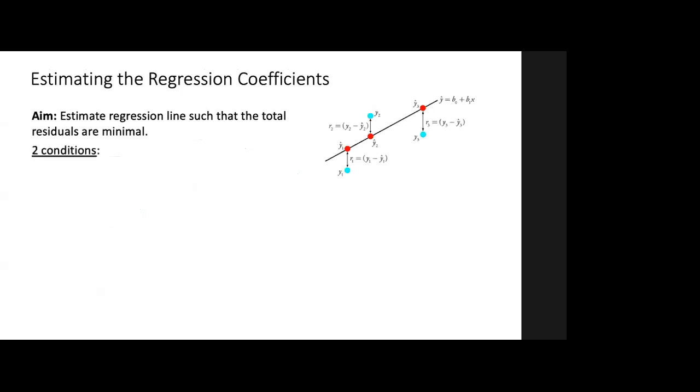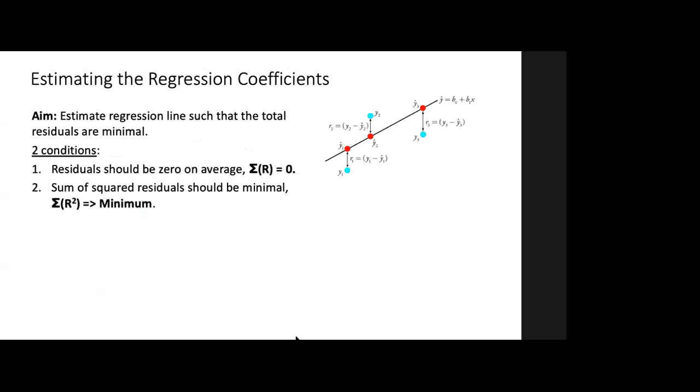So our residuals, that's the first condition. Residuals should be 0 on average. The sum of our residuals should be 0, and the sum of the squared residuals should be minimal. And then we can solve the equation. What we do is the ordinary least squares method. If you use the OLS, you might read that occasionally, there's nothing but that.